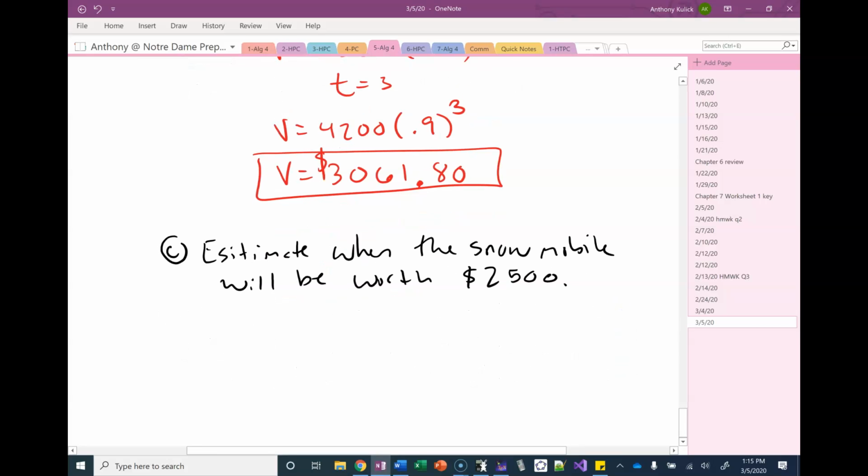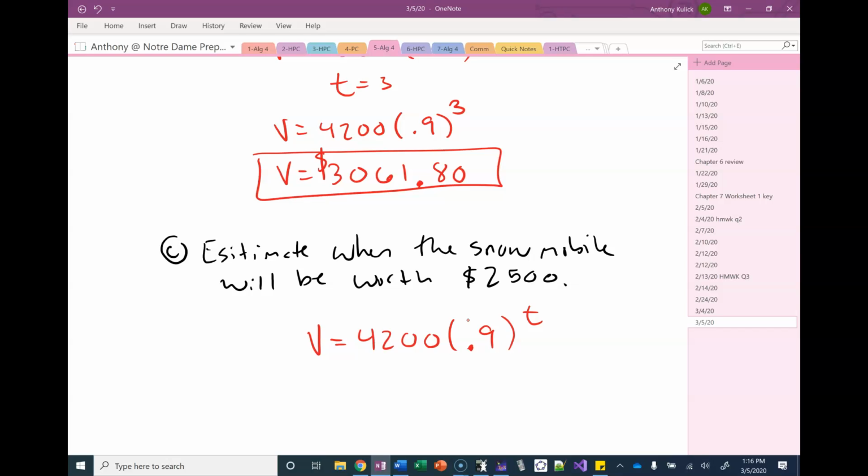The next part says to estimate when the snowmobile will be worth $2,500. Well, again, we're going to be using our exponential model that we just made to answer this question. What letter are we looking for here?